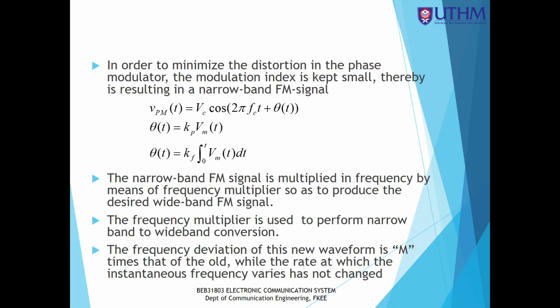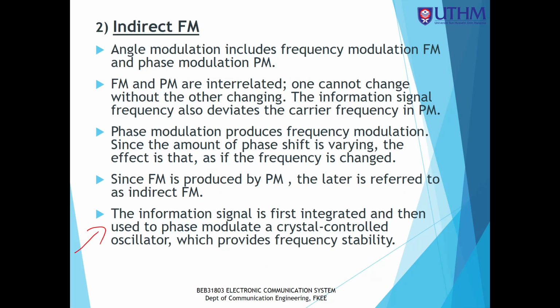Okay, you're going to do the integral process of this one, theta prime t. Okay. And then you're going to do the, so hasil daripada integral process ini, the information is first integrated.